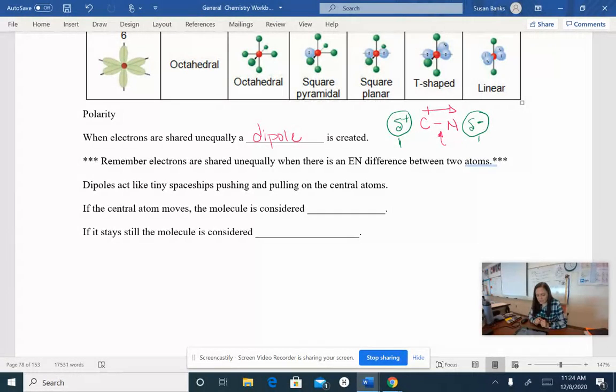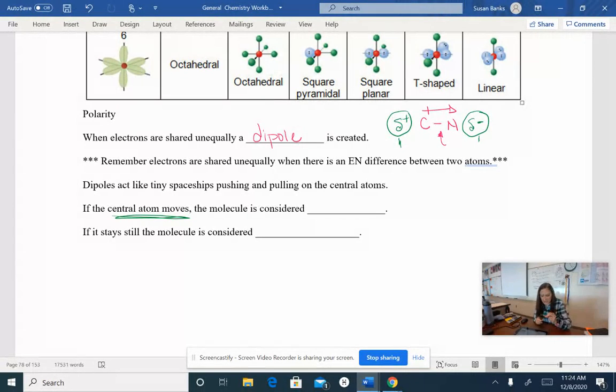So I like to think of dipoles like tiny spaceships that are pushing or pulling atoms in that molecule away from each other or towards each other. And we're going to look at this in relationship to the central atom. So we're going to add up all those dipoles, or all those little spaceships that are pushing and pulling on the center atom.